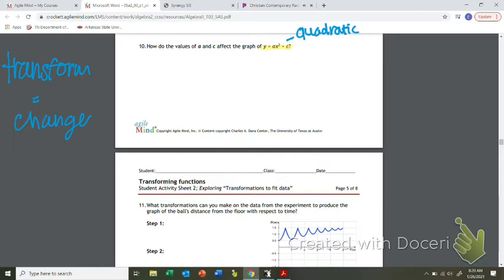Now, these rules that we are fixing to write apply for all functions. Okay? So, we're going to start with A. A has 3 different rules.